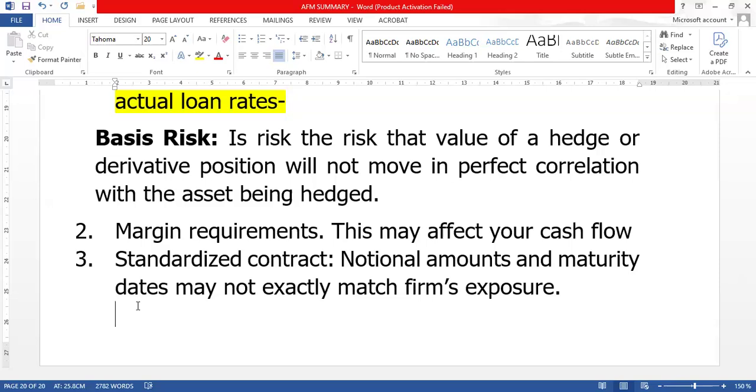It doesn't exactly match, because the price of July may not actually be the same as that of September. Because these are standardized contracts, you have to go with what is in the market, but it may not actually match what you want.